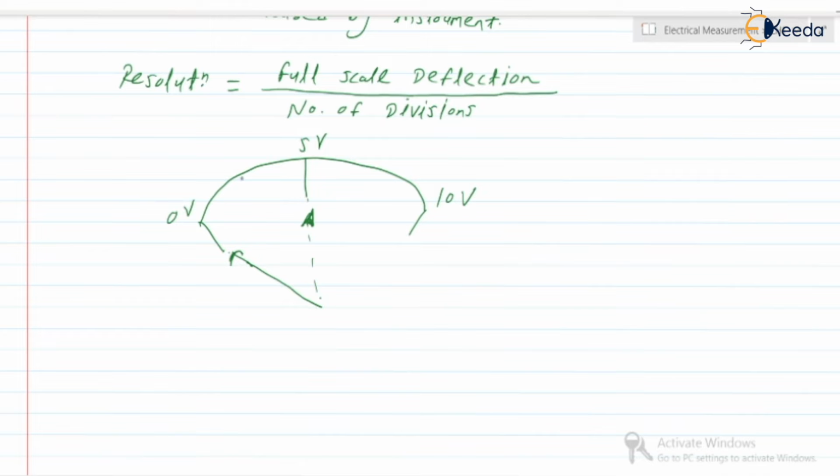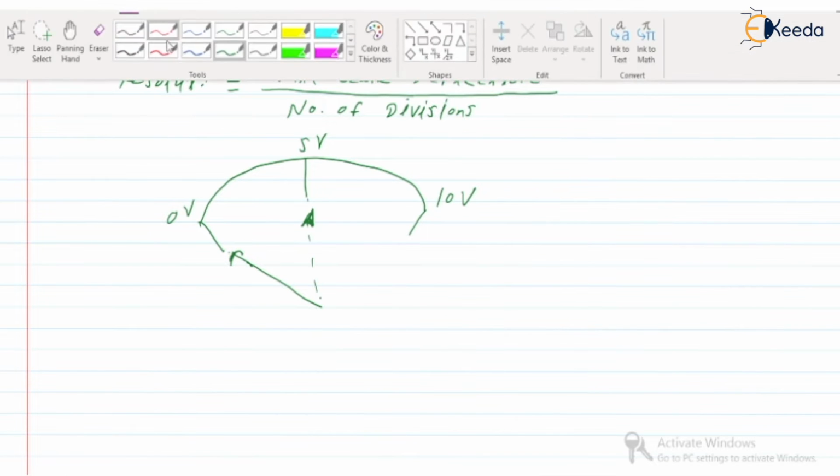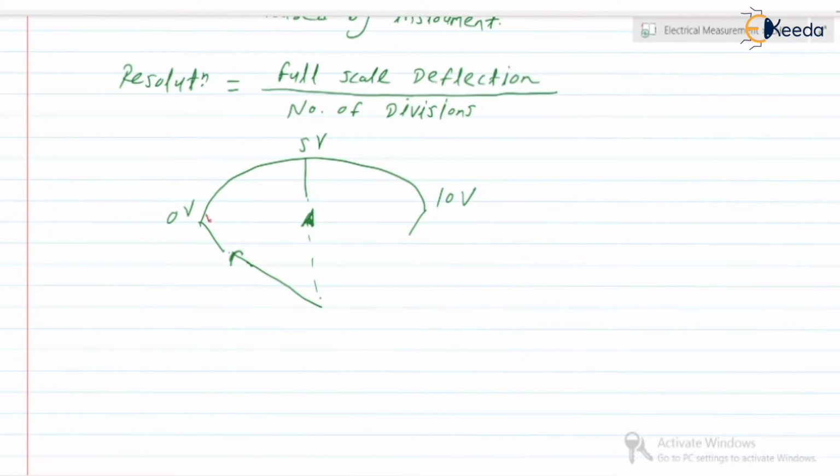But suppose we divide the scale into subdivisions. Suppose this is 0 volt, this is 1 volt, this is 2 volt, this is 3 volt, and so on. Between 0 and 1 we are having 4 subdivisions.